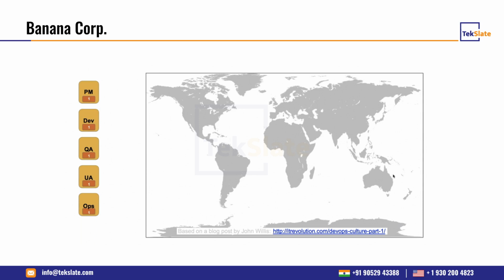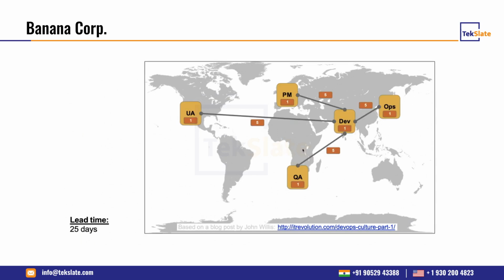Suppose this is the example company, named Banana Corporation, and it is scattered around the world. Now a requirement comes in, and it goes through different teams. It starts with UA, goes to dev, then QA, then project management, and at last it goes to ops.